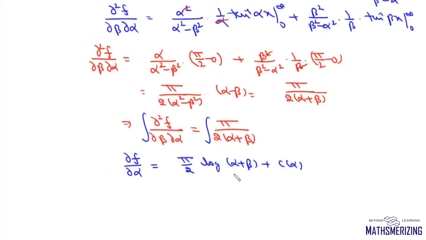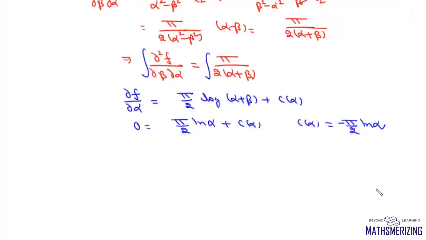So we'll use this initial condition here. So del f upon del alpha will be 0 and will be pi by 2 log alpha plus c alpha. So in this case, this c alpha will be minus pi by 2 log alpha.